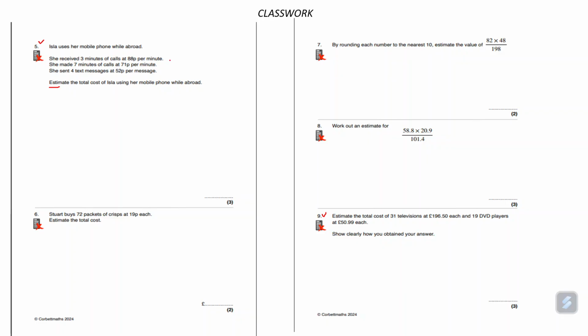Remember our rules. This is 88, and to round this to the nearest 10, you look at the last digit, which is 8. 0 to 4, you round down, and 5 to 9, you round up. So in this case, this becomes 90p times 3.